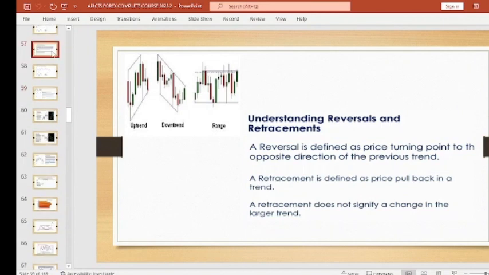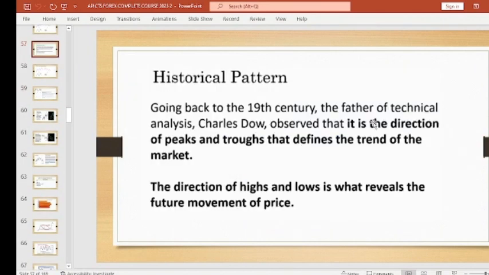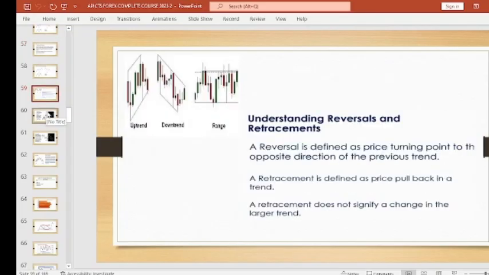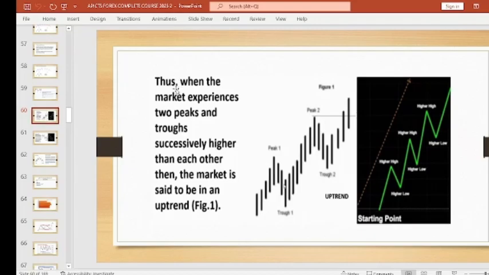Okay. Now here, when you're talking about the direction of peaks and troughs that defines the trend of the market, how do you know that the trend has actually reversed? Now let me just continue from here. When the market experiences two peaks and two troughs that are successively higher than each other, then the market is said to be in an uptrend.